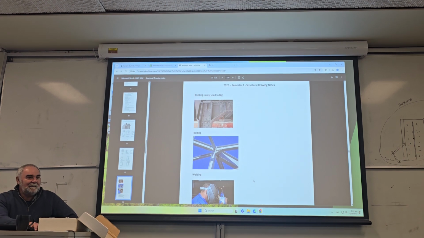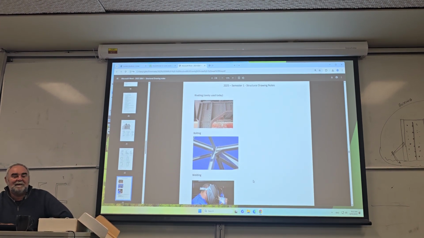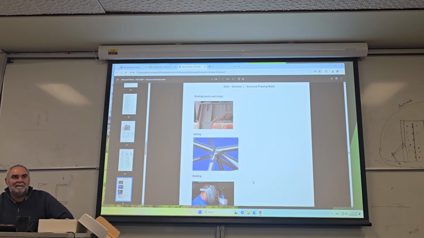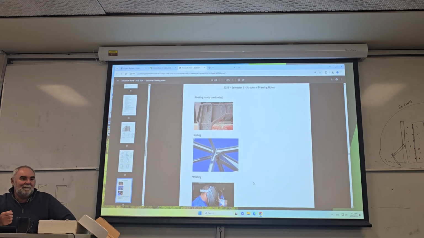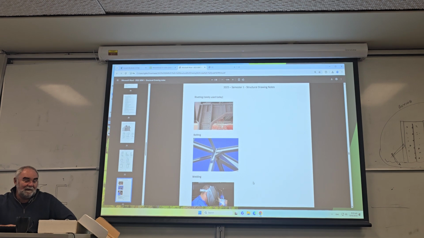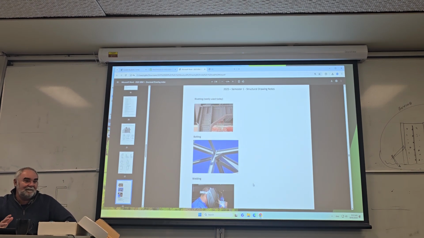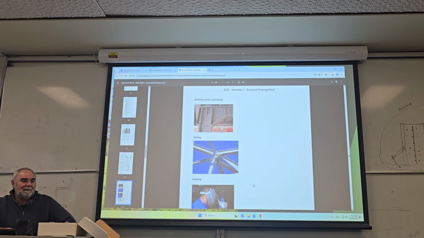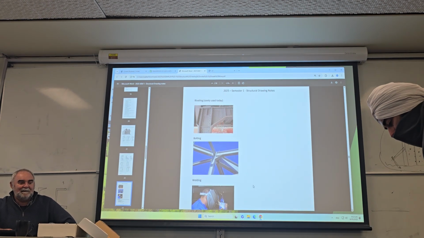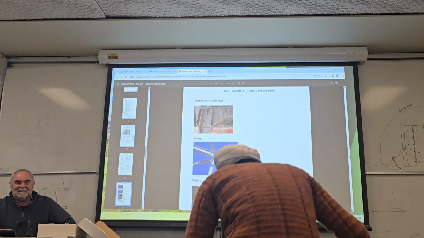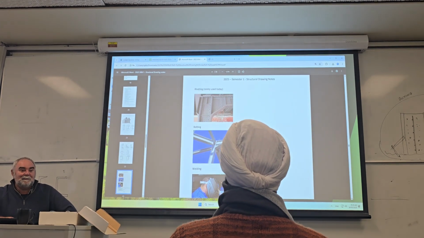He said, however, if we put the rust inhibiting orange stuff straight on, it'll last longer. You won't have to paint it every year, maybe every 5 years or something like that. It'll save the city millions. And the mayor said, don't worry about that, I'll sell it to the people.